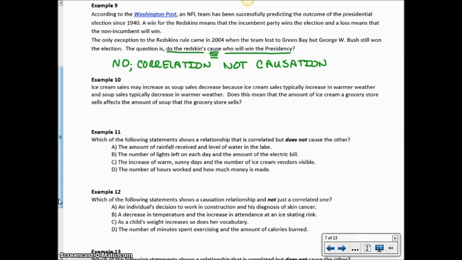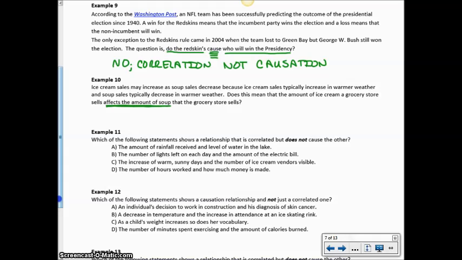Okay, so example 10, ice cream sales may increase as soup sales decrease because ice cream sales typically increase in warmer weather and soup sales typically decrease in warmer weather. Nobody wants soup in the summer. So does this mean that the amount of ice cream sold at a grocery store affects the amount of soup that's going to be sold?